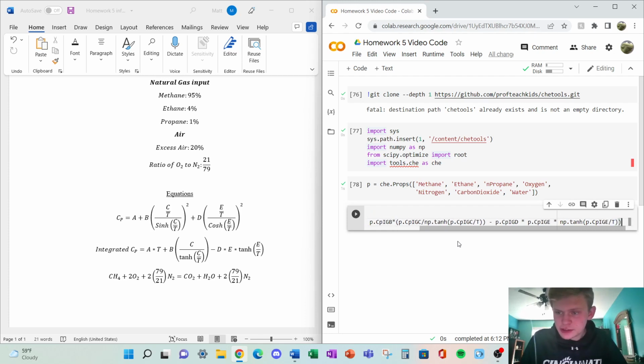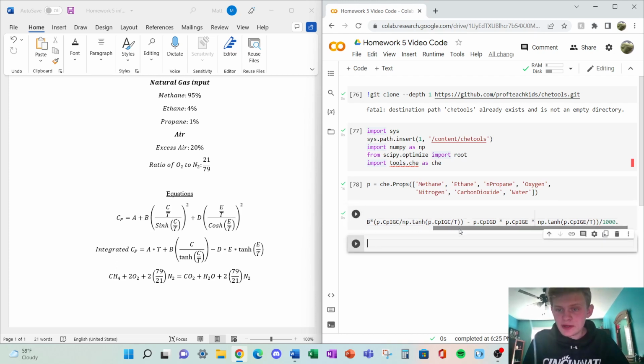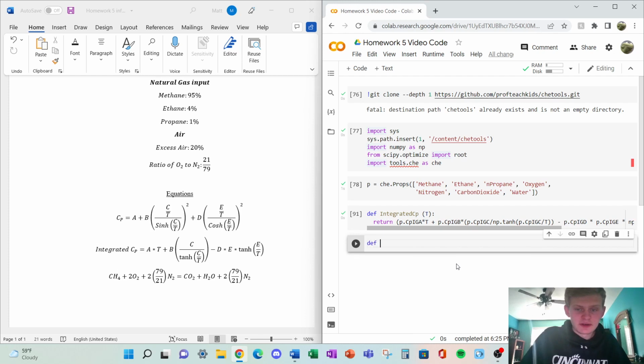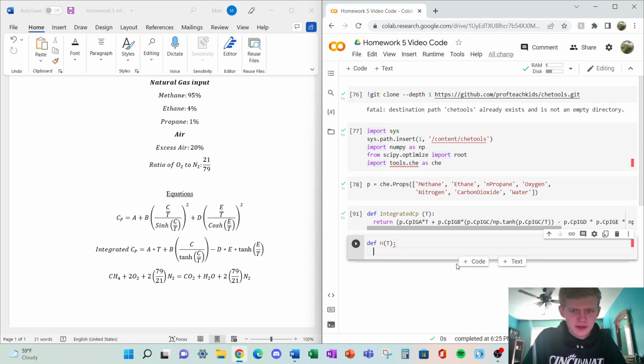And that should be it. Then we're going to have this whole function divided by 1,000. I'm going to explain why we need this divided by 1,000 in just a minute, after we write out our enthalpy function. We'll define our enthalpy function with T being our call variable.